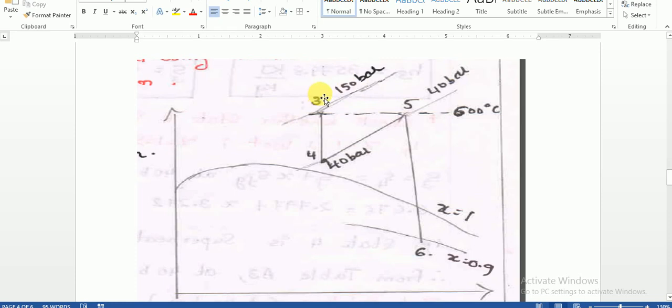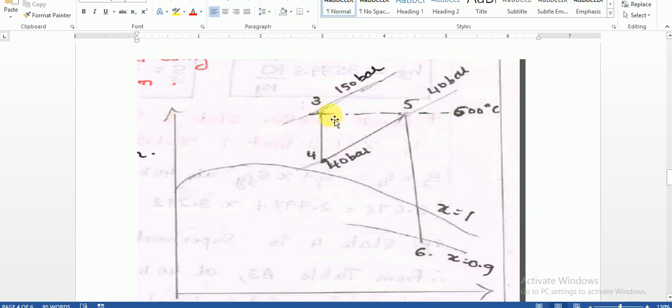The 600 degrees is not labelled, but there will be a 150 bar line and a 600 degree line. Wherever the 150 bar line meets the 600 degree line, that point is the value of H3.